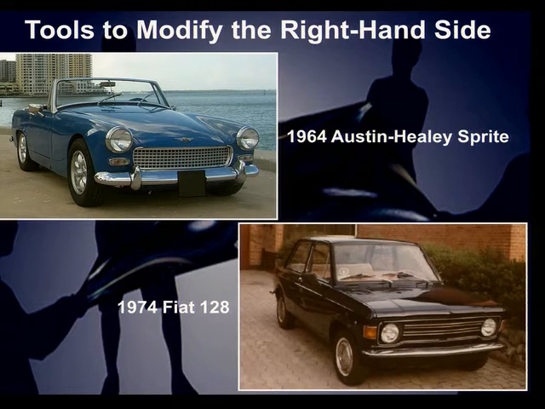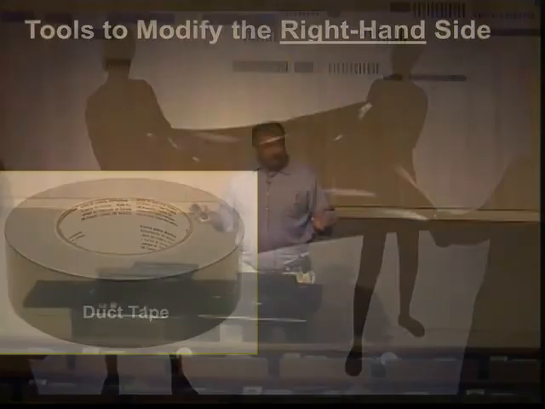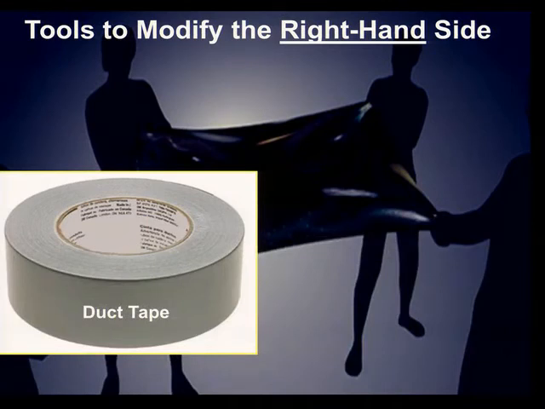So over 20 or 30 years of working on cars, I've learned that the only tools you need in your toolbox, you only need 2 of them. One is duct tape. Experimental physicists always use duct tape. And the other is WD-40.